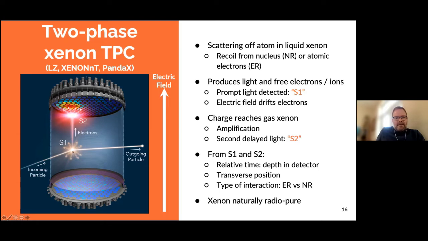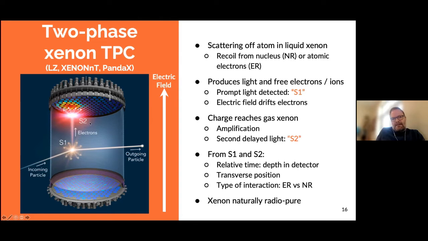What also happens is the xenon nucleus recoils, and this will lead to some ionization. So we'll get a number of free electrons in the liquid xenon, and as we have a strong electric field applied across here, they will start drifting through the liquid xenon towards the top, and then near the top we have the second phase.